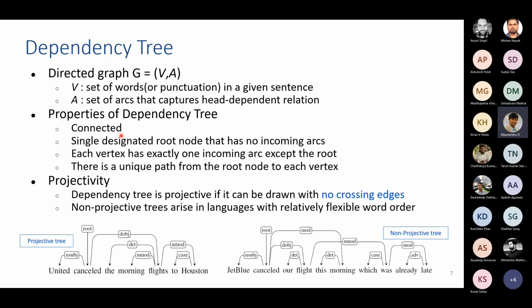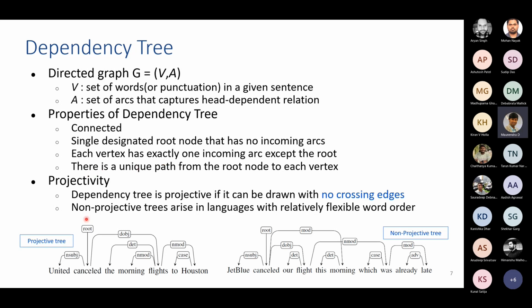It will be connected. You all know the meaning of a connected and disconnected tree or graph. So this one will be a tree. It will be connected, and there is a single designated root node that has no incoming arc. Here this is the root, here this is the root, and each vertex has exactly one incoming arc except the root.